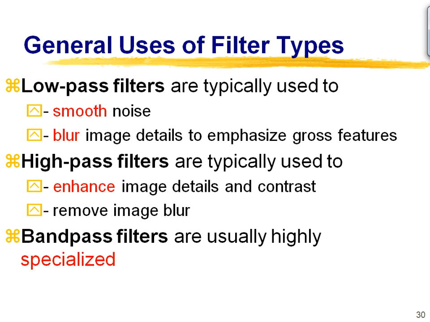What would be the general use of these kinds of filters? If we have low pass filters, what are the properties that we expect from them? Very good. To keep the low frequencies, so it's going to remove all the high frequencies, so potentially noise. Any low pass filter will reduce noise. But what is it going to do to high frequencies that are not noise? It's going to blur them.